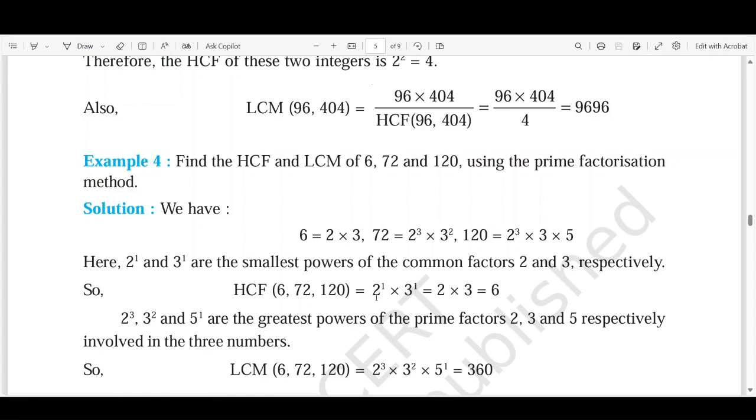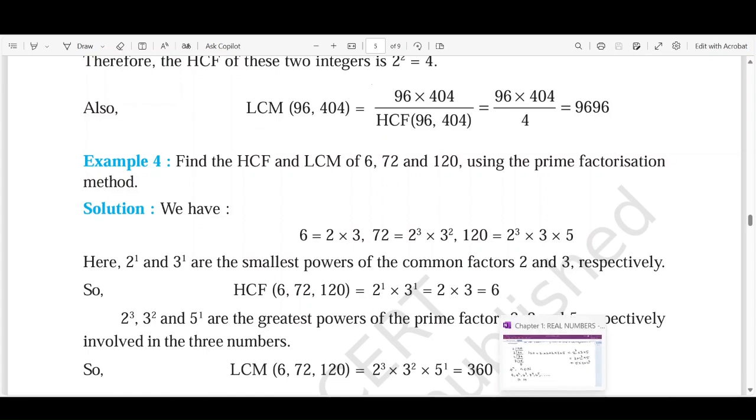When we try to find the HCF, by choosing the smallest powers of the common factors in all the three numbers, we could find 2 power 1 into 3 power 1, which is nothing but 6. So we have determined the HCF for the given three numbers.